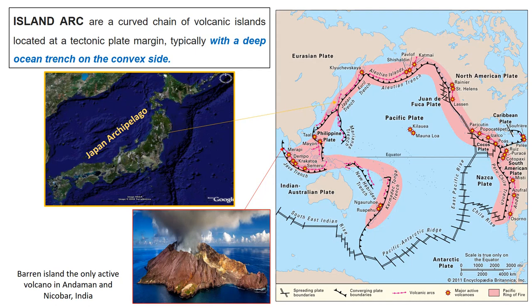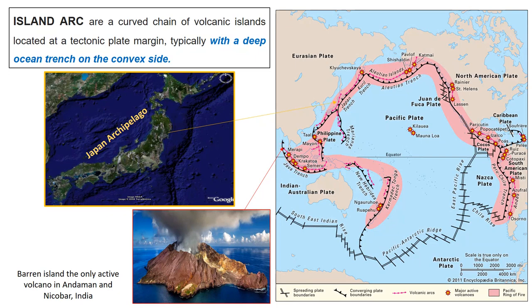Similarly, in India we have only one active volcano. An active volcano means one which is still erupting. The last time this volcano erupted in India was in March 2017. It is located over here, over the Java Trench.